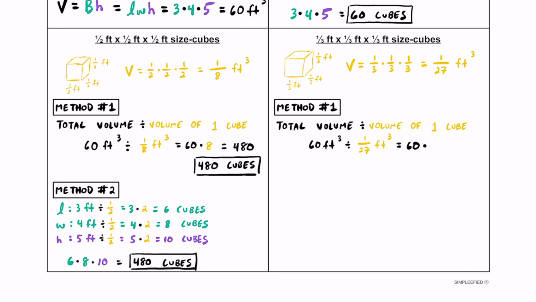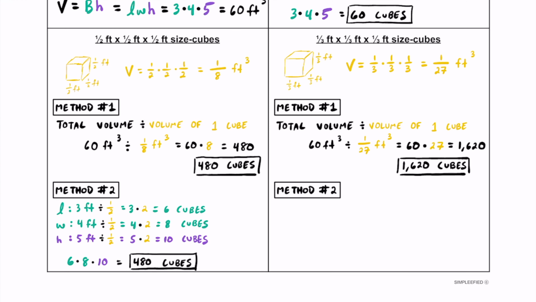The reciprocal of 1/27 is just going to be 27, and 60 times 27 is going to be 1,620. So filling up the original rectangular prism with these even smaller cubes, these 1/3 by 1/3 by 1/3 foot cubes, we can fit over 1,000 of them, 1,620 to be exact, inside of the rectangular prism.